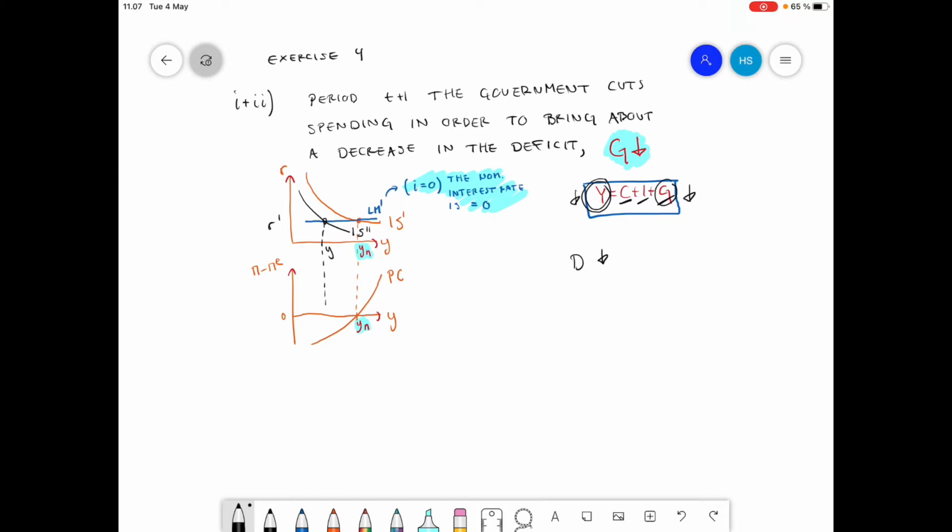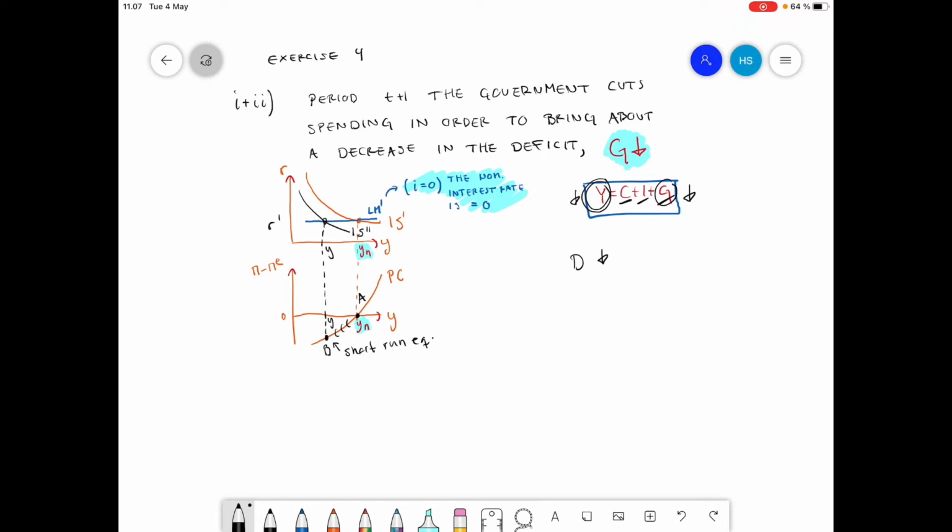The real policy rate stays the same, so this must constitute a lower output level. So we go from point A to point B, which is the new short-run equilibrium here. Okay? Short-run equilibrium.